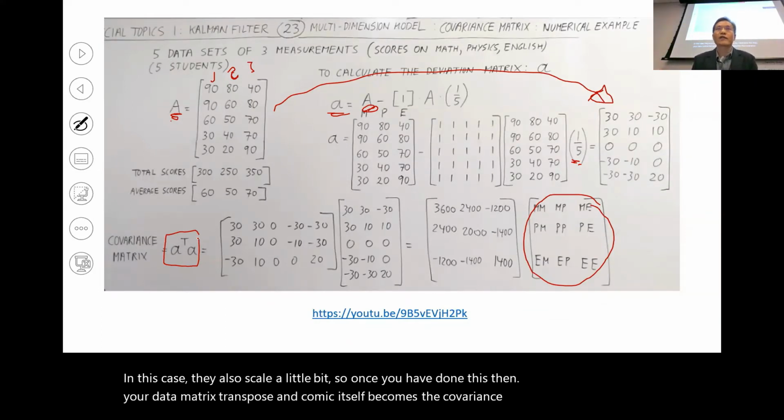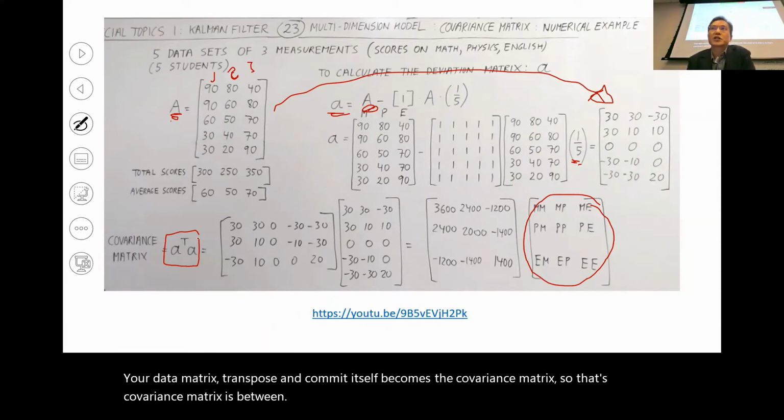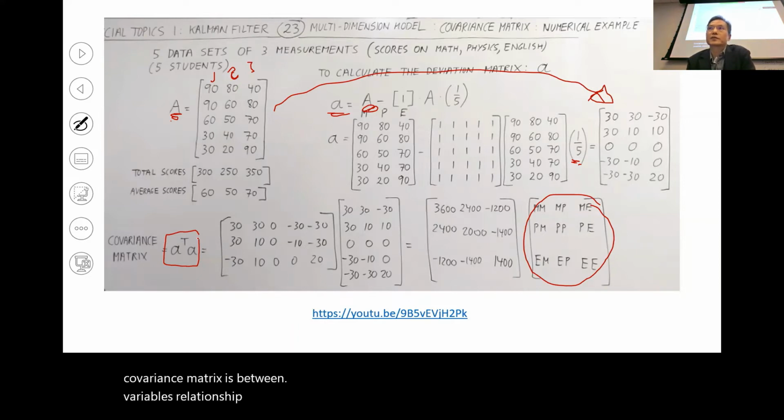So that's the covariance matrix between variables, the relationship, the correlation between variables, basically. In our case, you will compute a gene by gene covariance matrix. So it's not cell by cell anymore.